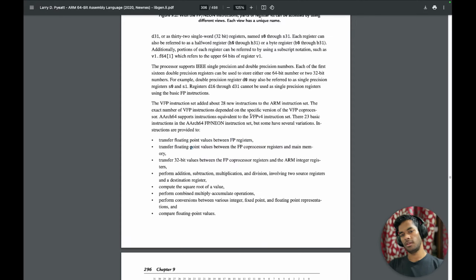What does this mean, that AArch64 supports instructions equivalent to the VFP version 4 instruction set?